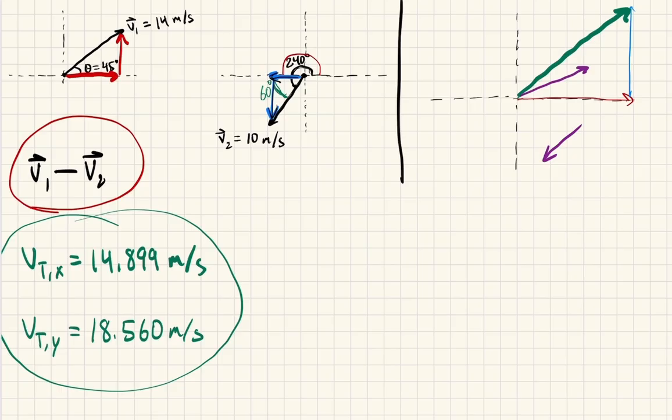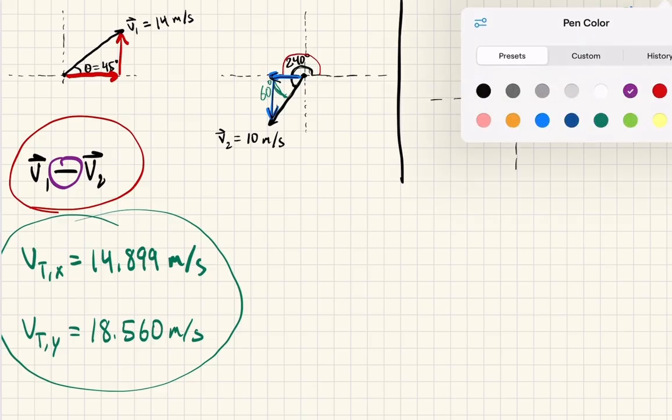But because we're doing subtraction, we're doing minus vector 2, it's equivalent to us kind of flipping it around, right? And so when we do the tip-to-tail method, now we're moving this guy over. And so, you know, it's not to scale. I didn't draw everything exactly right, but we know that it should look something like that probably. And when the vectors are added, you get the resultant vector here in green, okay?